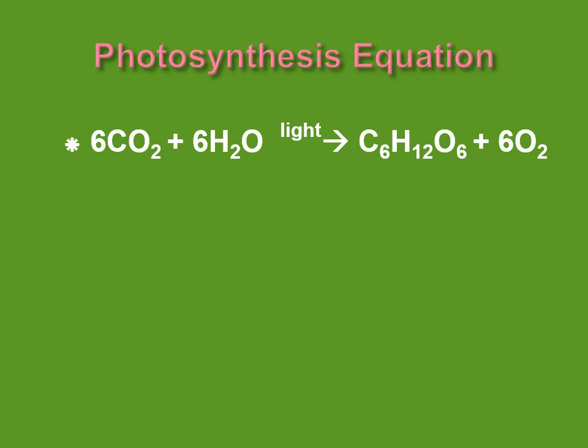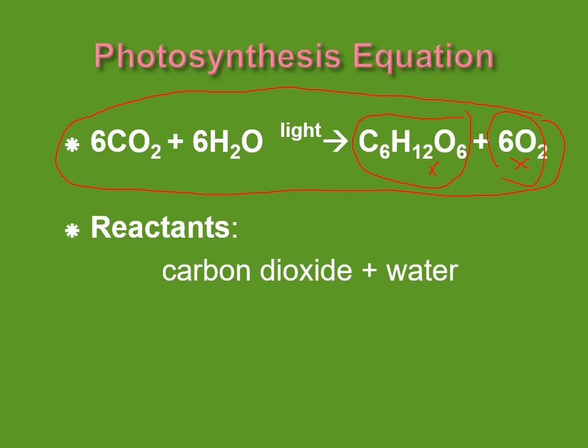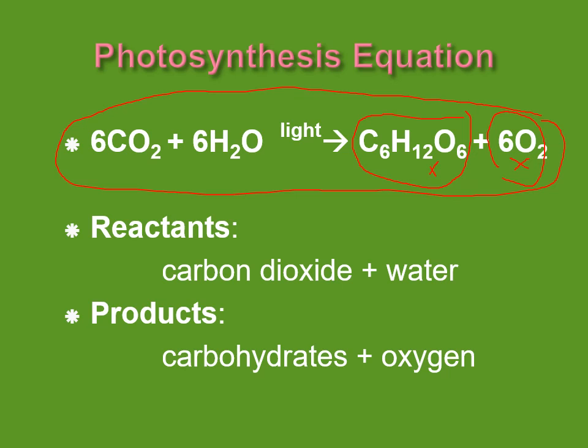So equation-wise, here is our simple middle school equation, but this equation actually summarizes both stages because the products here are different. This product is actually produced in stage 2 of photosynthesis, whereas oxygen, of course, is produced in stage 1. So it's a little more complex than what you learned either in sophomore biology or in middle school.